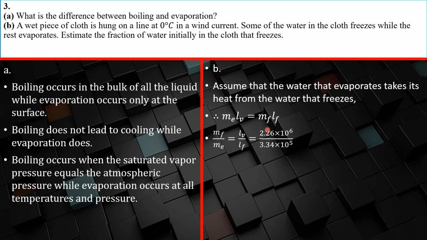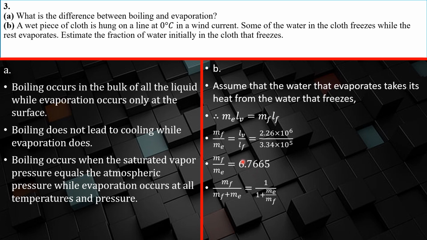So we can ratio all through by ME, so that I get MF over ME equals LV over LF. Our LV, the specific latent heat of vaporization, is 2.26 times 10 to the power 6. LF is 3.34 times 10 to the power 5. When we ratio these, we get MF over ME to be 6.7665. Just keep it like that.